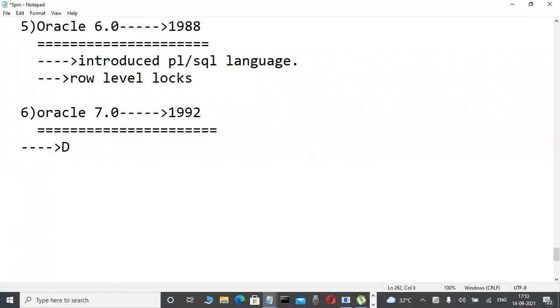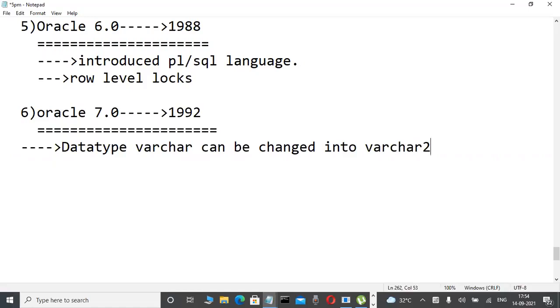Write it: data type varchar can be changed into varchar2 data type.